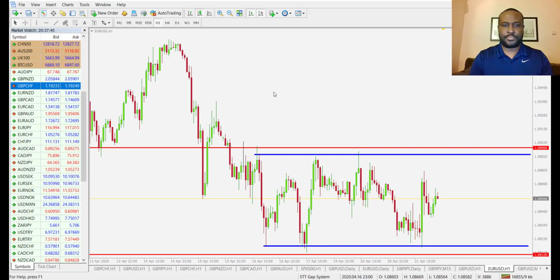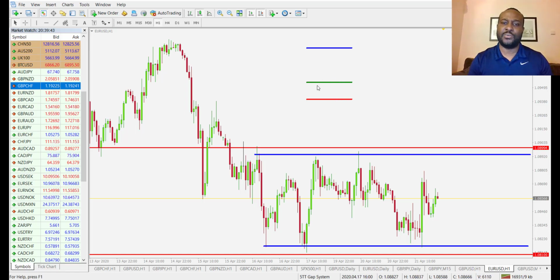Okay, so in principle, if I want a buy trade, and I'm going to take a buy trade here, ideally, if this is your entry, the green line is your entry, the blue line is your take profit. In a buy trade where you want to take profit above there, your stop loss is below here.